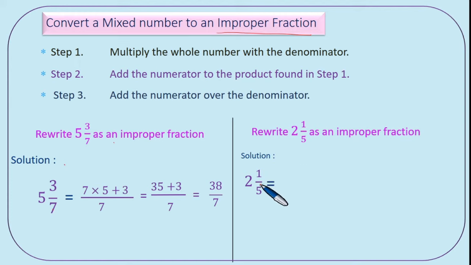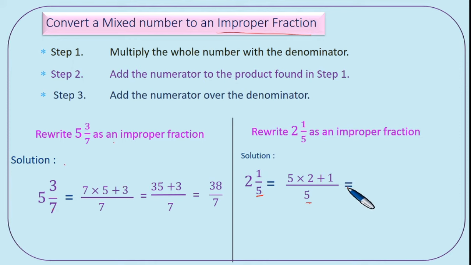So here we need to multiply. The denominator is 5, the whole number is 2. So we will multiply 5 and 2. 5 times 2 plus the numerator 1, over the denominator, which is the same, 5.